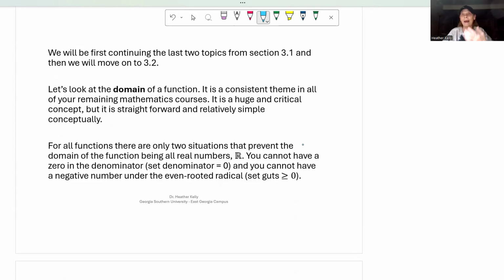You cannot have negative numbers underneath them and produce a real number. Okay, so those are the only two things that keep any function you can think of from having the domain of all real numbers or not allowing any number as an input.